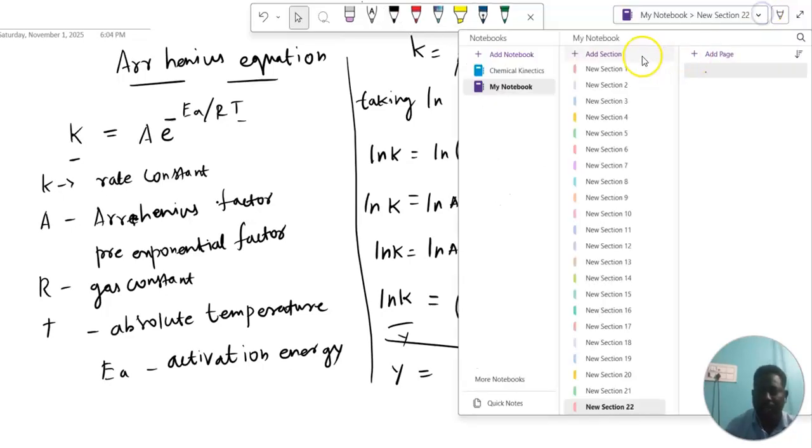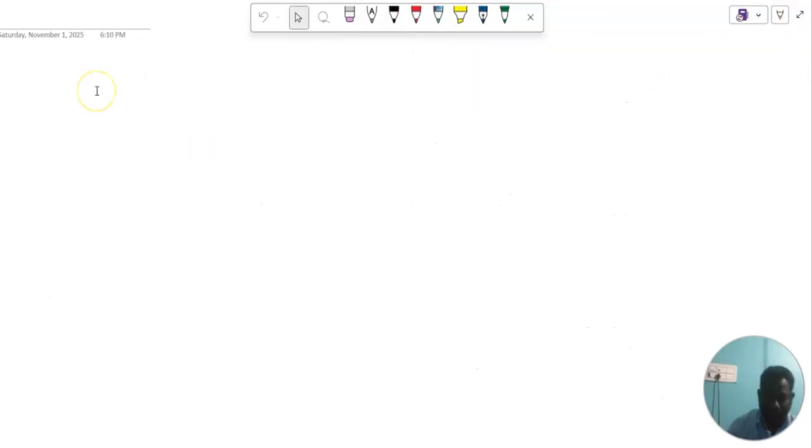So the final equation we have is ln k is equal to minus Ea by R times 1 by T plus ln A. This resembles the linear equation y equal to mx plus c.